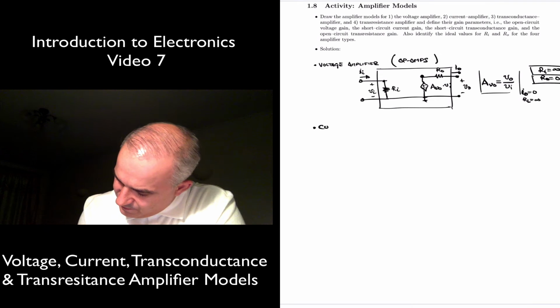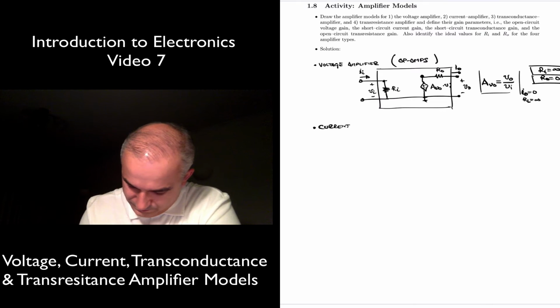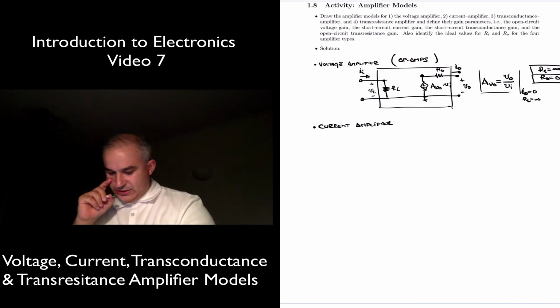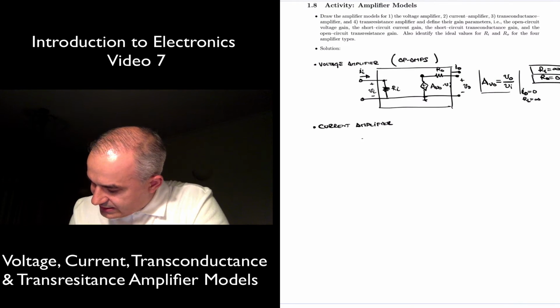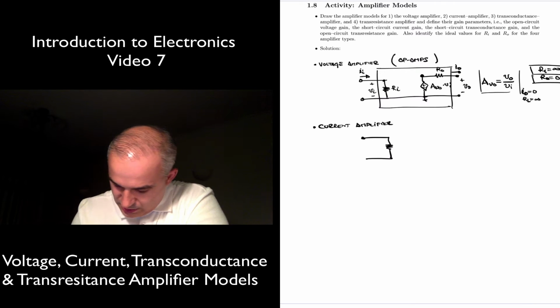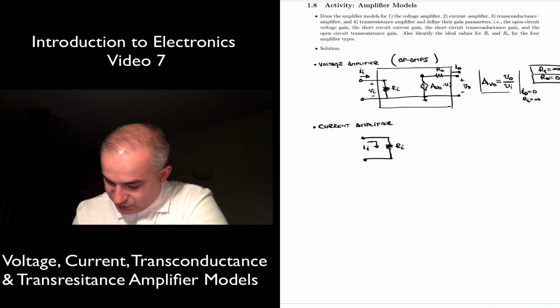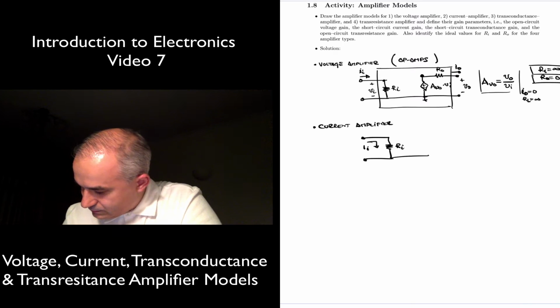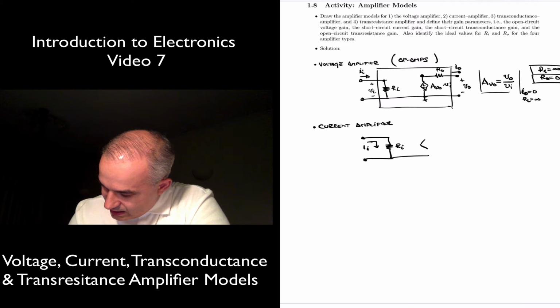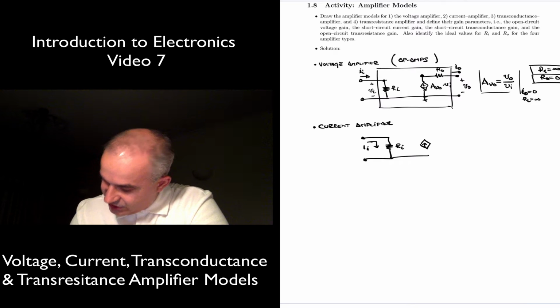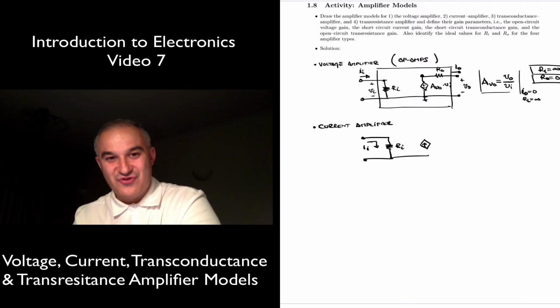So, current amplifier. In this case, at the input we also have an input impedance, and we are sensing the input current here, Ii. So you have a network where you're sensing an input current. And then you have a current controlled current source.